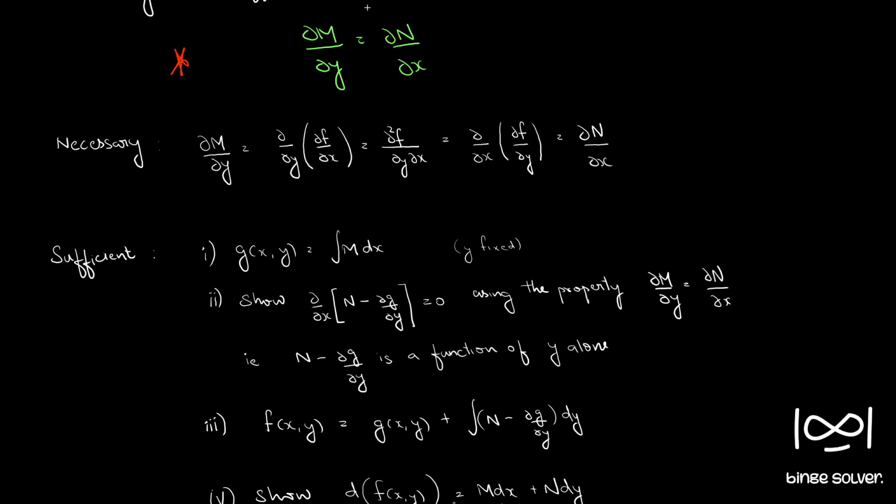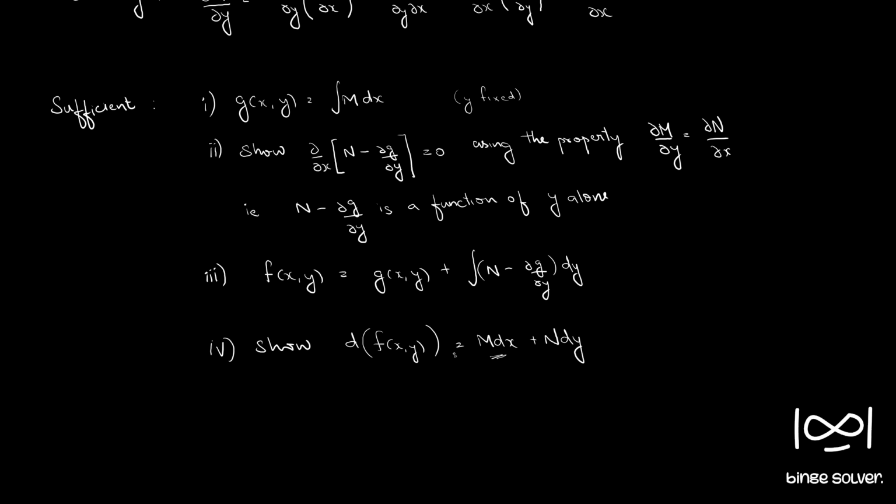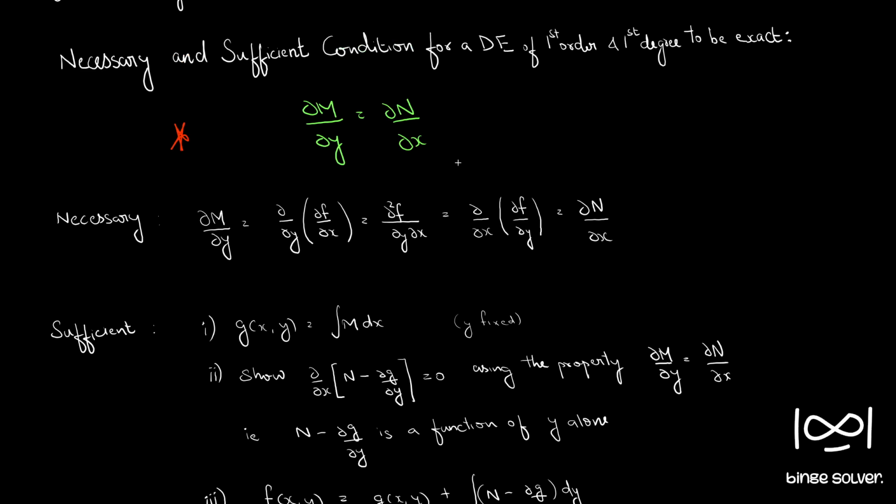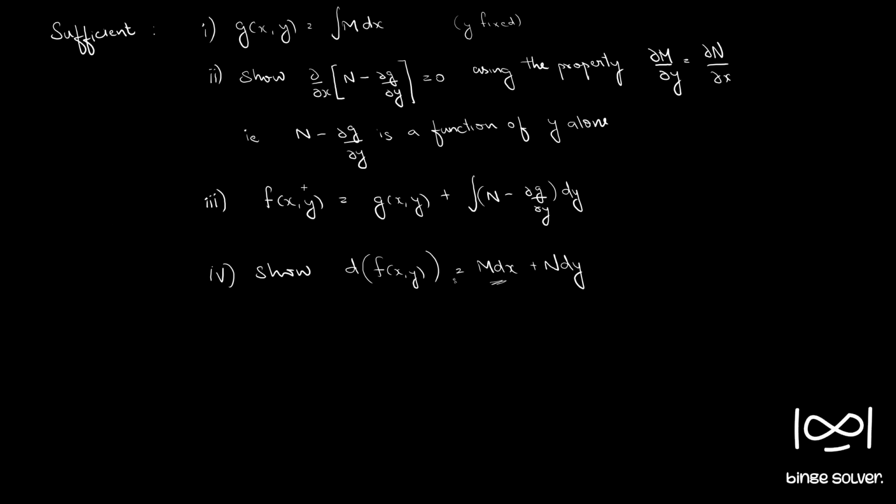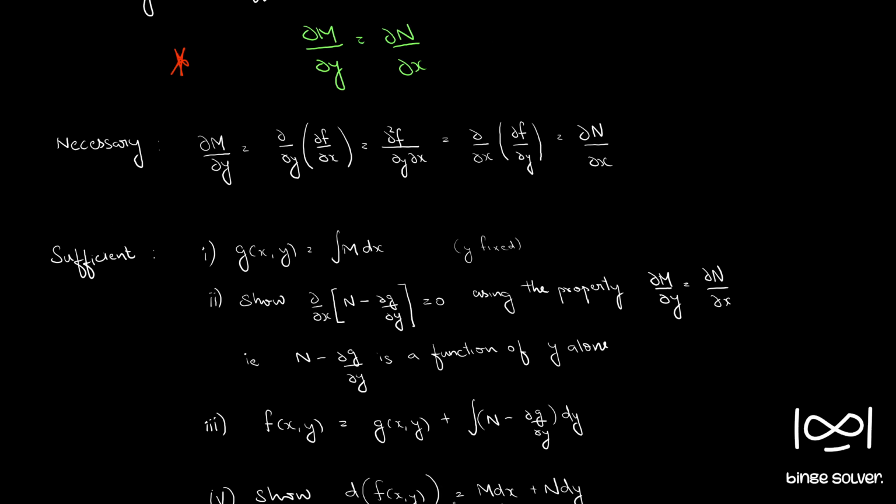We assume this is true, and then we create an f of xy where g of xy is integral M dx only, plus the integral of N minus ∂g/∂y dy. So we create such an f and show that if this condition is true, ∂M/∂y equal to ∂N/∂x, there exists such an f of xy and the equation is exact.